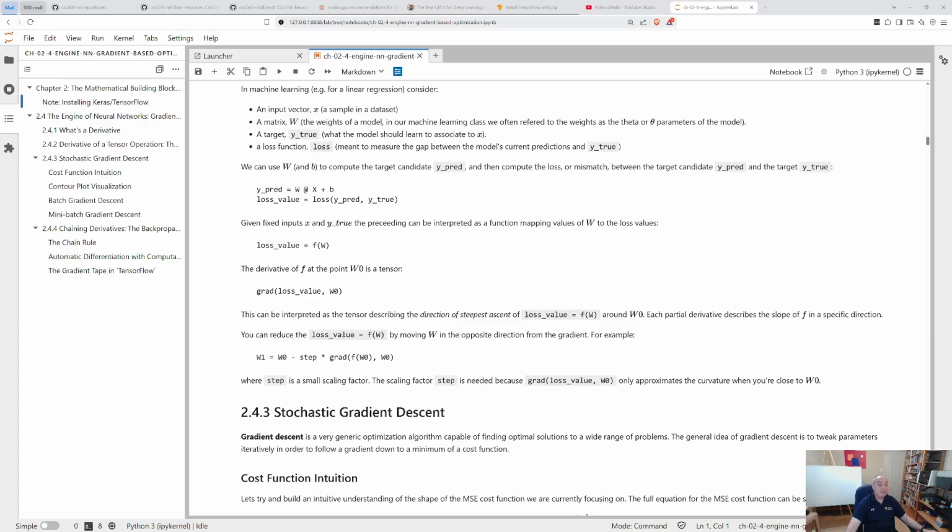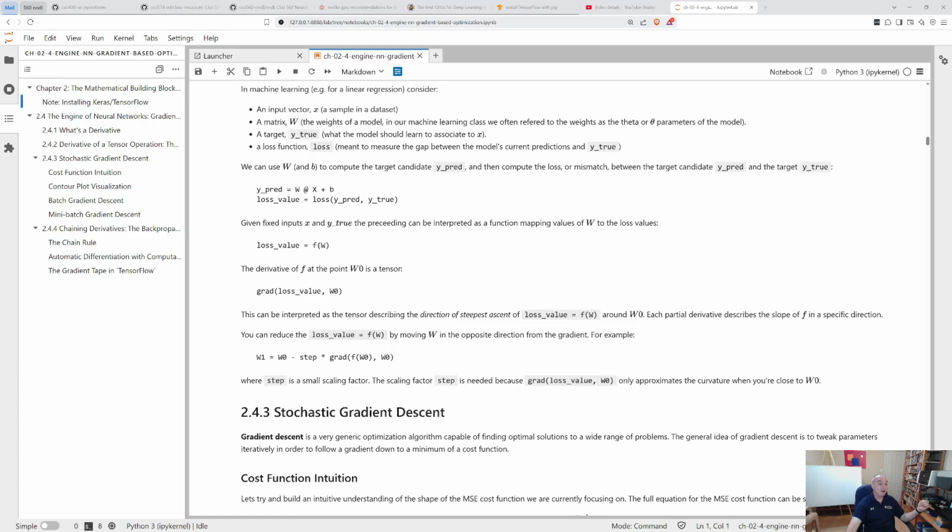So given a fixed input, given that the inputs x and y true are fixed, this preceding loss function can be interpreted as a function that maps W, or theta, whichever way we want to call those, into a loss value.